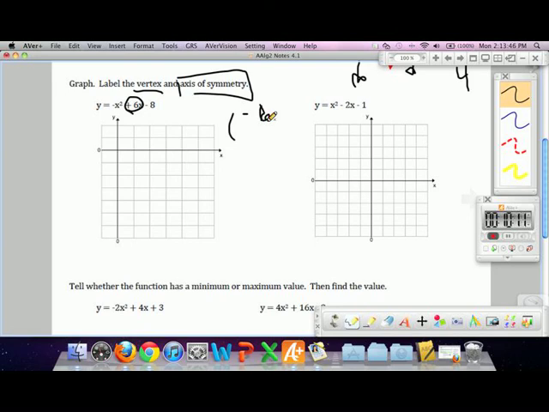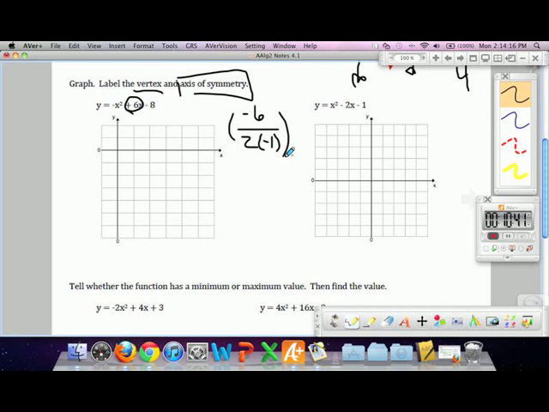Opposite of 6 over 2 times a. A is the coefficient here, which is negative 1. That is our x coordinate. So that gives us positive 3. It's the opposite of b over twice the a coordinate.